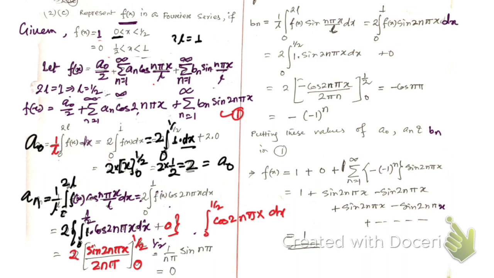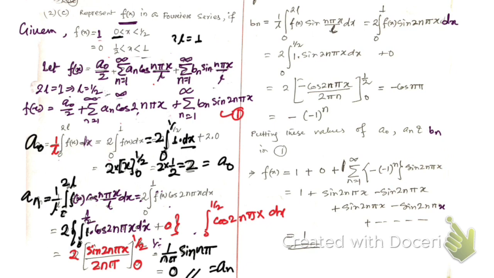Then putting the upper and lower limits, the 2 and half of 2 cancel, and we have got 1 by n pi sine n pi, and sine n pi is equal to 0 if n is an integer. So that is the value of an.